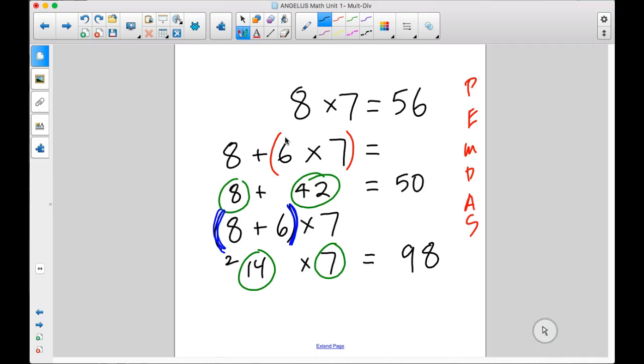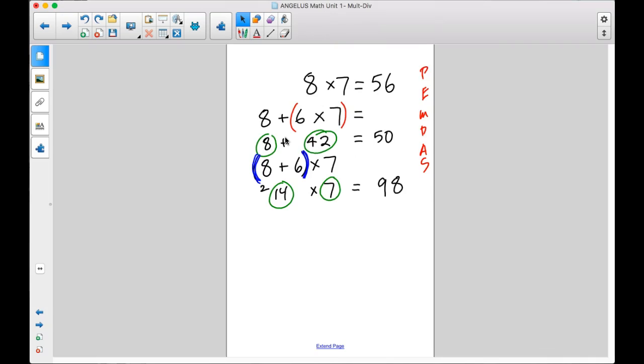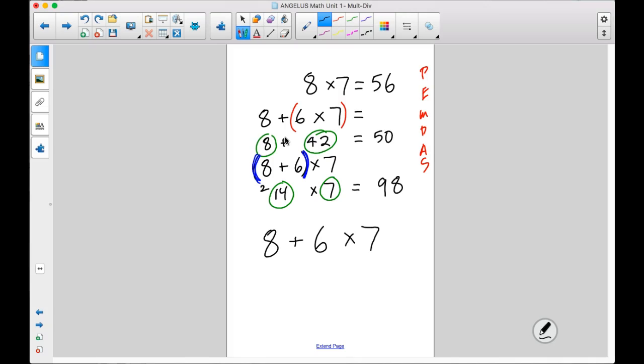So now we're going to make things a little bit more complicated. Okay? And I'm going to give you the following problem. We have an 8 plus a 6 times a 7, except now I'm going to do divided by 2. Okay? So, let's see what I want to do here.